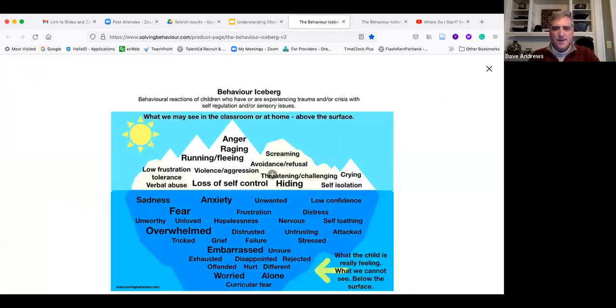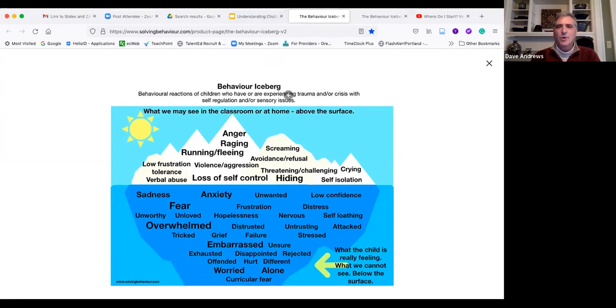Oftentimes the behaviors are what you see. You can see the running and the screaming and the hiding. But behind that are the feelings that the child might have, the feelings that we can't see and don't know unless they're communicating to us. So that's the concept of the iceberg.